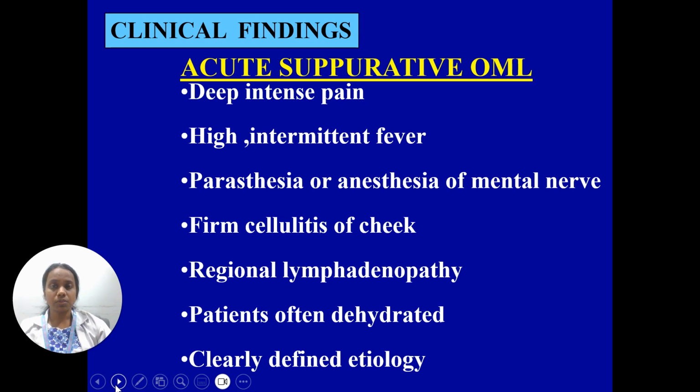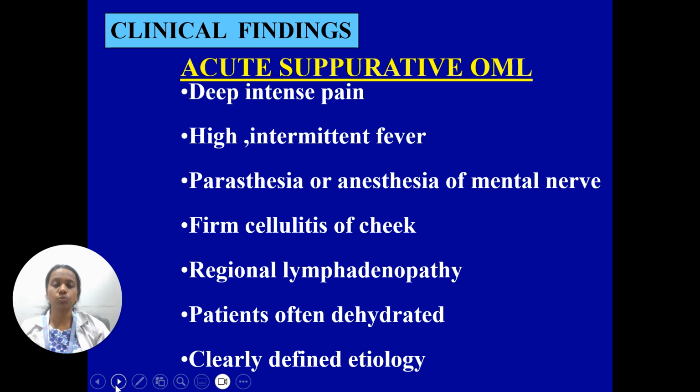Coming to osteomyelitis, the clinical features can differ in acute and chronic cases. In acute suppurative osteomyelitis, there is a deep, intense pain with a high intermittent fever, paresthesia and anesthesia of the mental nerve, firm cellulitis of the cheek, and regional lymphadenopathy.